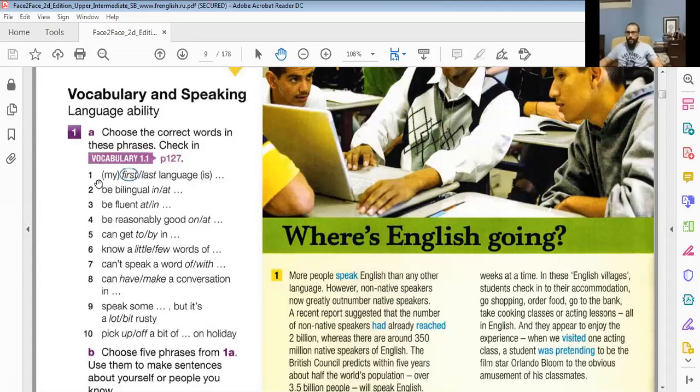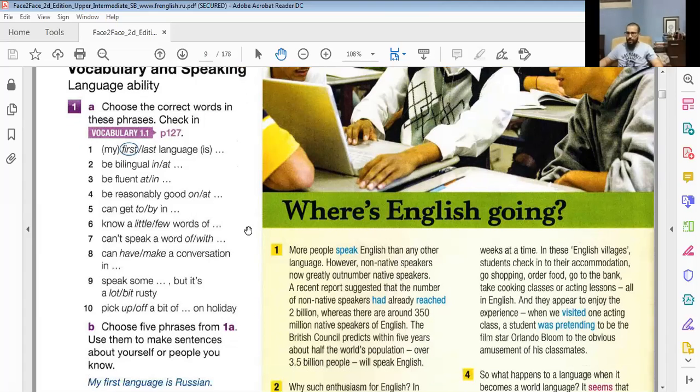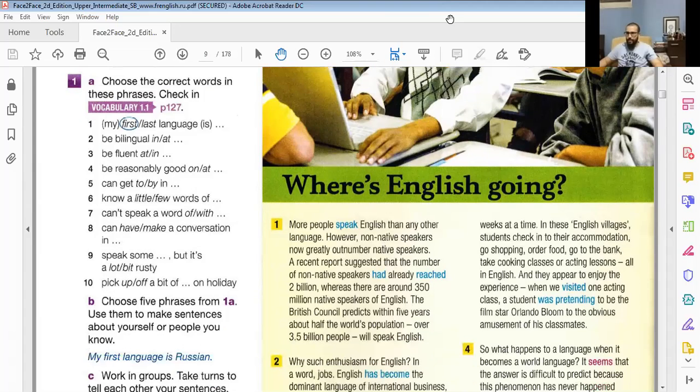So the first one here, it says, number one, my first language is. Number two, to be bilingual in or at. What do you think is the right answer here? Who would like to guess? Yeah, I think it's be bilingual in.